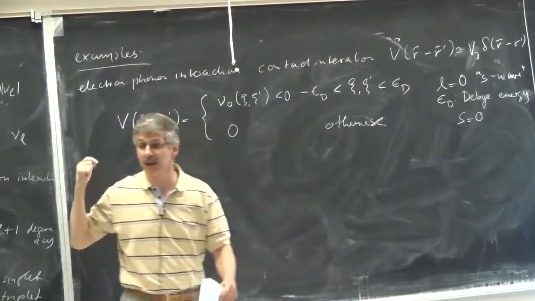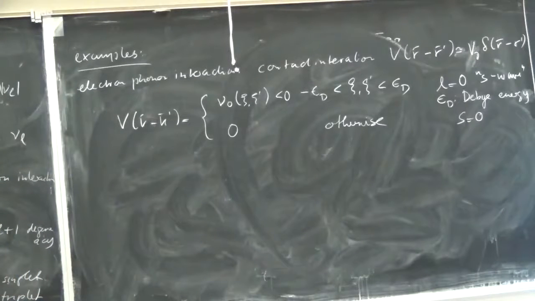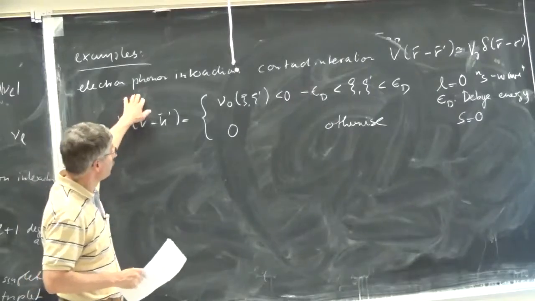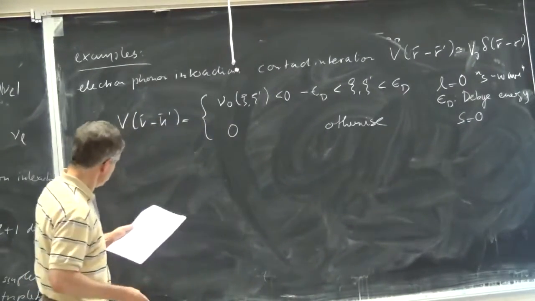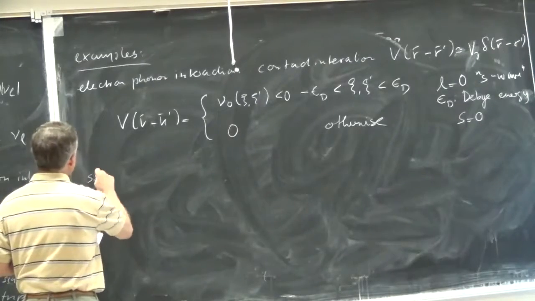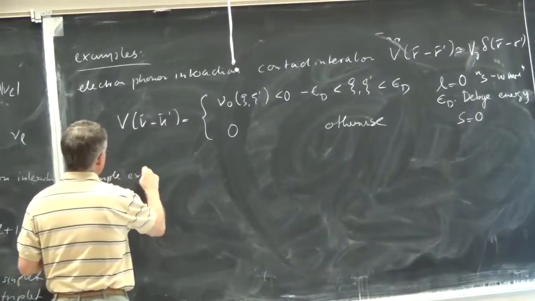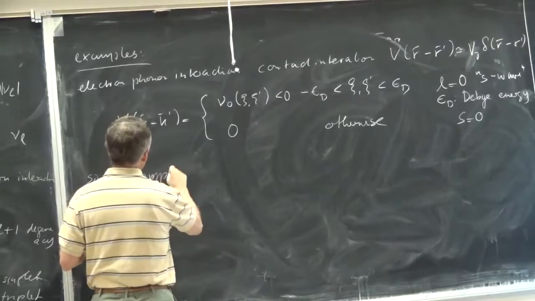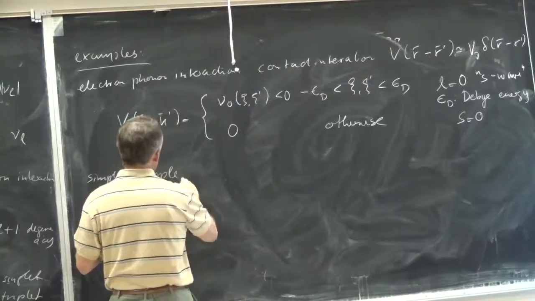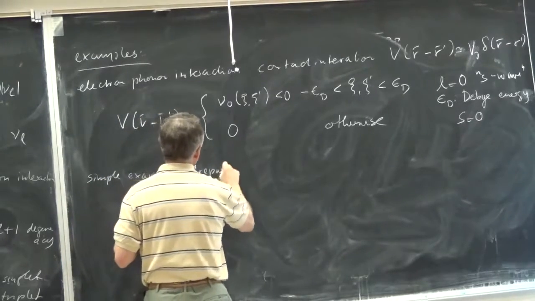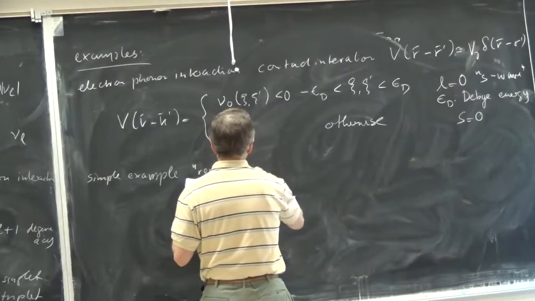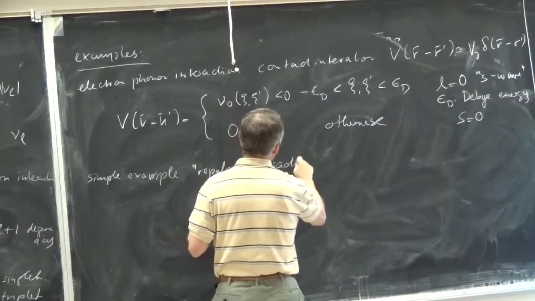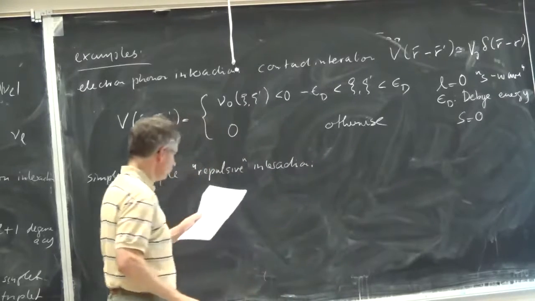And that's basically what BCS also wrote down with the BCS wave function: you couple two particles with opposite spin. Now let me take a simple example of a repulsive interaction, and I write it here in quotation marks.